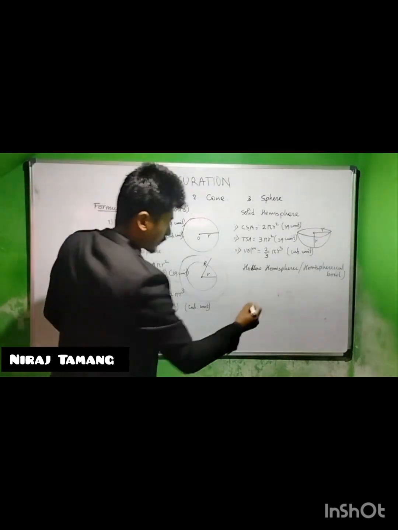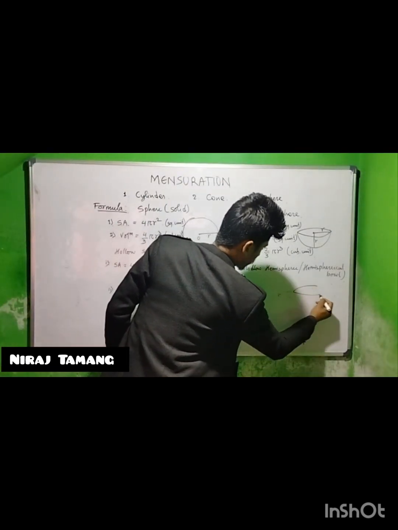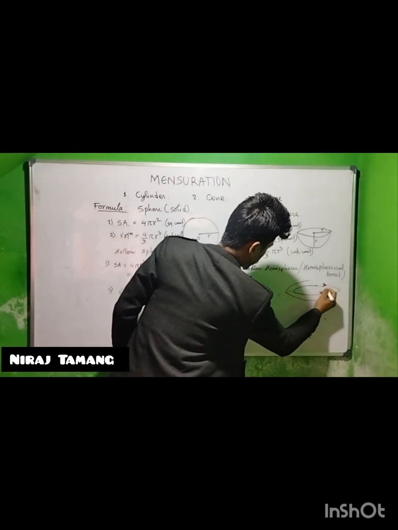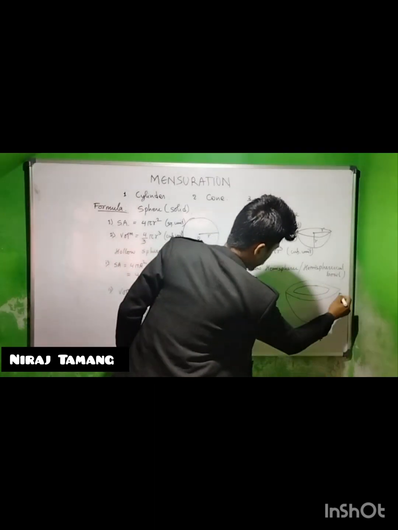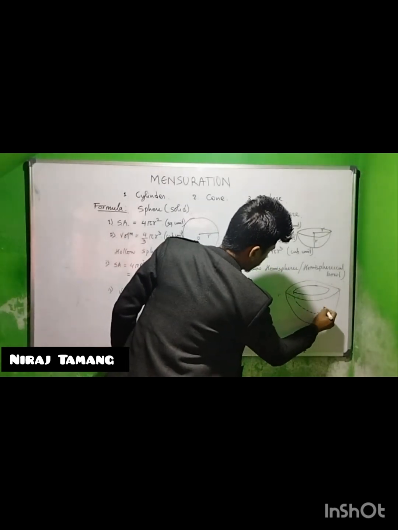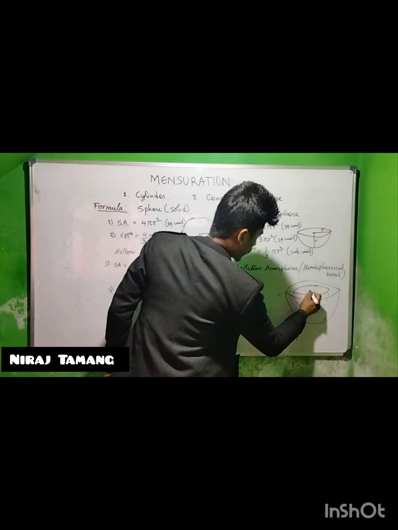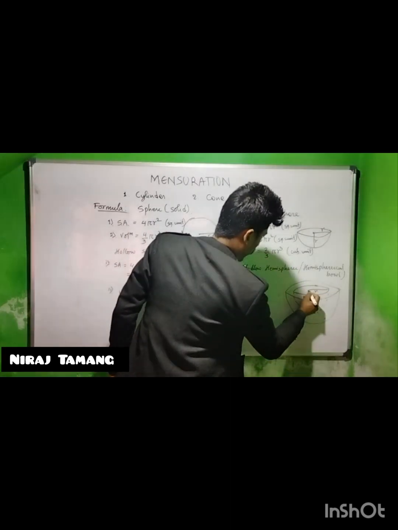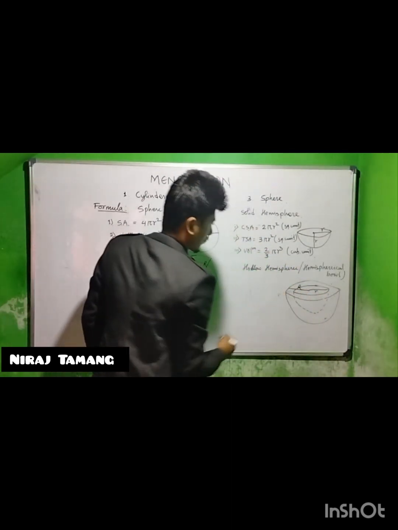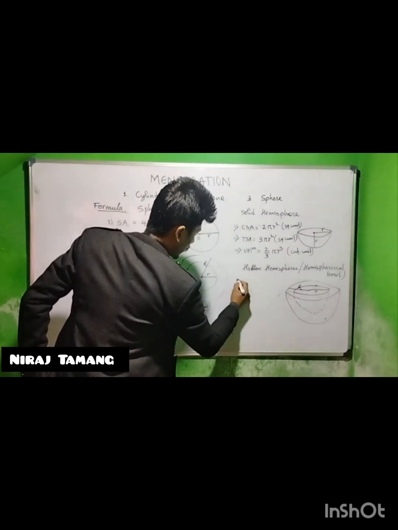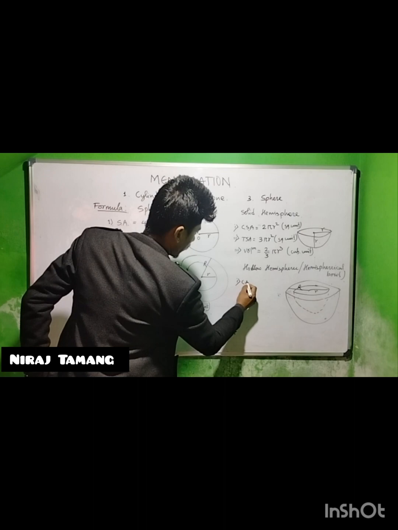Alright, so let's draw a diagram first. This is the inner bowl, this is the outer part, and let us make this bowl like this. Alright, so let us take the inner radius as small r and outer radius as capital R. Okay, number 1, its CSA.